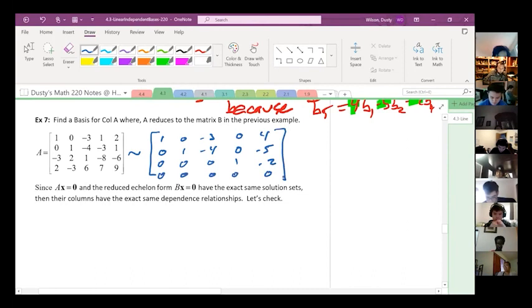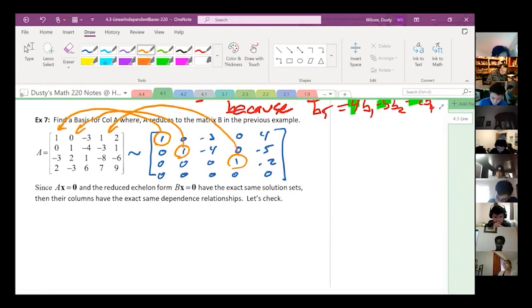So we can row reduce it Texan style there. And at this stage, we're going to identify the pivots. Those pivots are going to tell us which columns in the original matrix are going to form a basis for the column space.